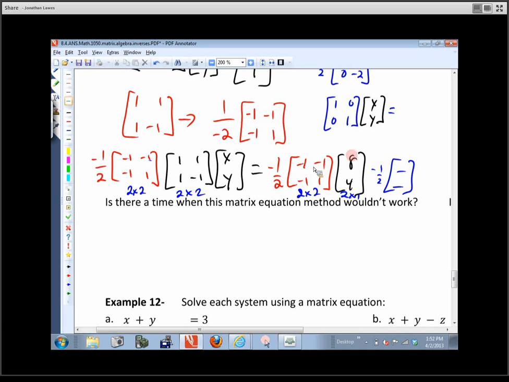So let's see, that's a -8, that's a -4, so altogether -12, right? And this is second row, first column. That's a -8 and a +4, so that's going to be a -4. Am I right? Okay. So when I multiply those together, if I distribute that -1/2 through, I get a 6 and a 2.